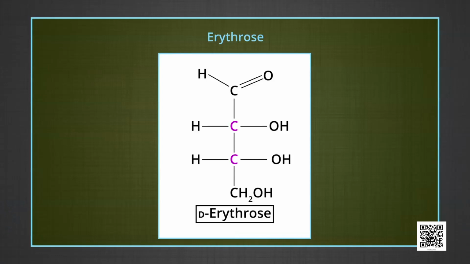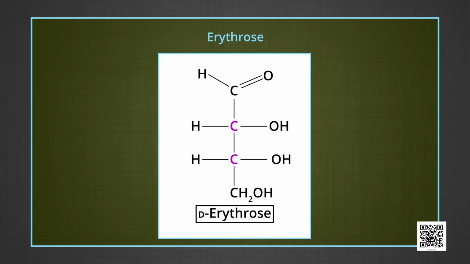Next is tetrose. Tetrose means 4 carbon in a chain, but basically there is aldehyde group which is present in the first carbon. You can say these sugars are aldose sugar. Why aldose? Because aldehyde group is present on the above of the chain or on the first carbon.